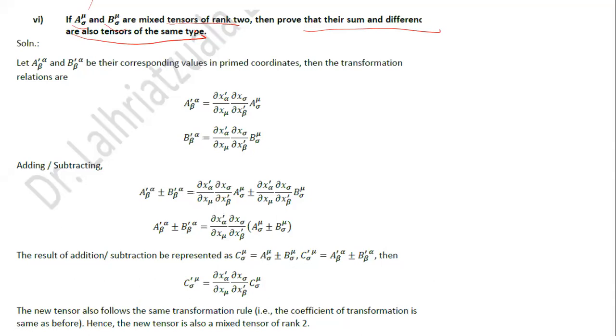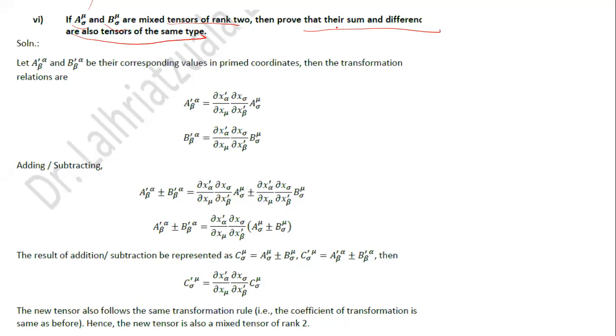In order to see whether the mixed tensor property is still maintained or not, we have to look at the transformation coefficient. If the resultant of subtraction and addition of tensors is another tensor of the same type, that is a mixed tensor, that is, if it involves the same transformation coefficient, then this proves the theorem here.